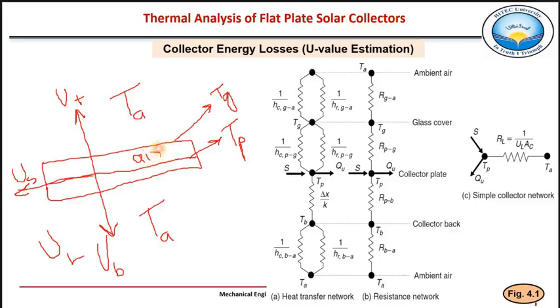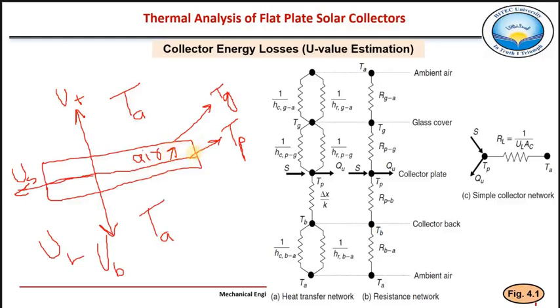There is air in this space between glass and plate, so the heat loss from this plate to glass will be by convection or conduction through this air. That's why some heat will be transferred from plate to glass by convection, right?